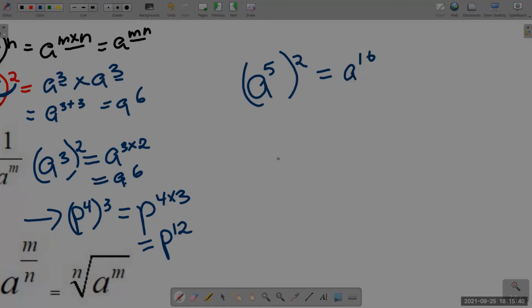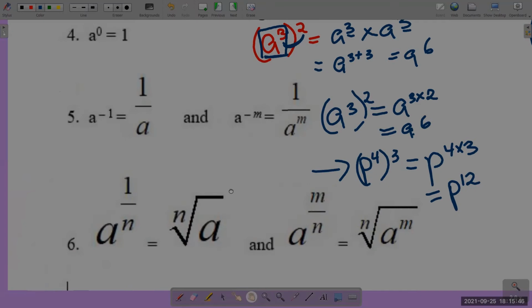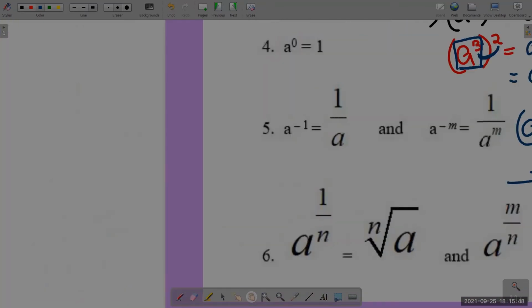Now, the last law is simply just this. It's something you need to memorize. Anything raised to the power of 0 is equal to 1. So, for example, P raised to the power of 0, what is that equal to, guys? One.